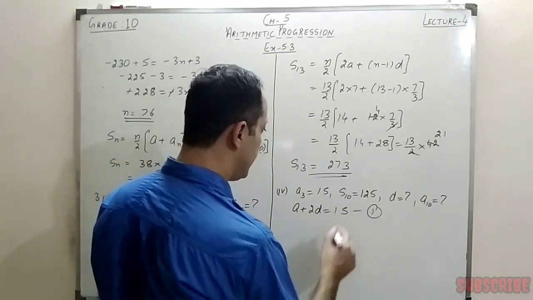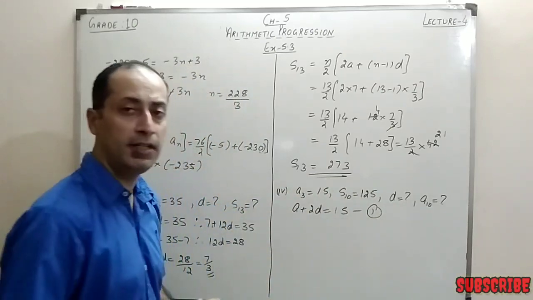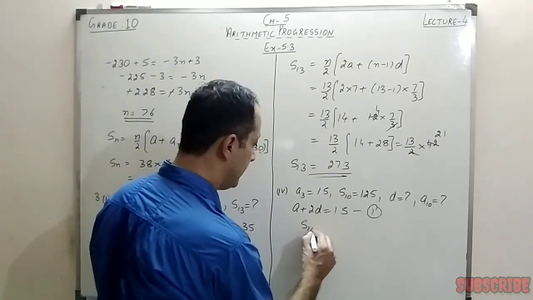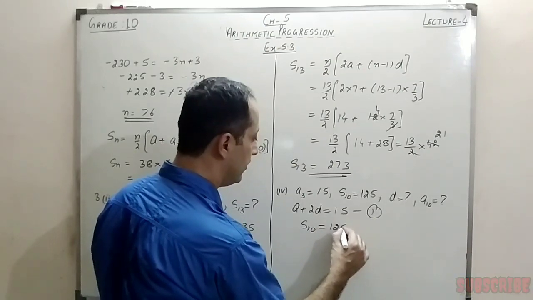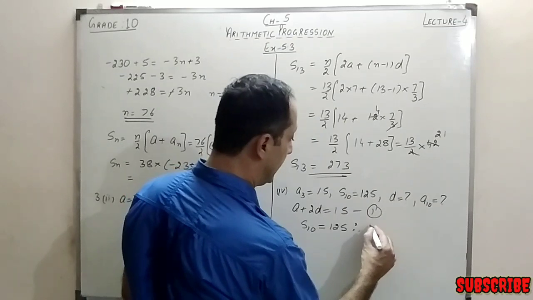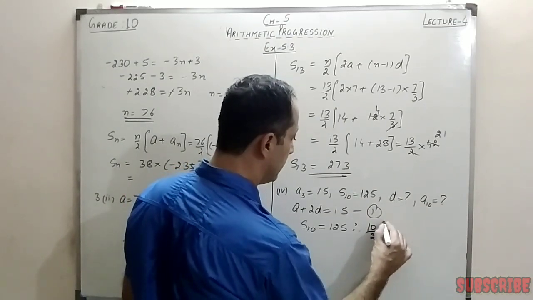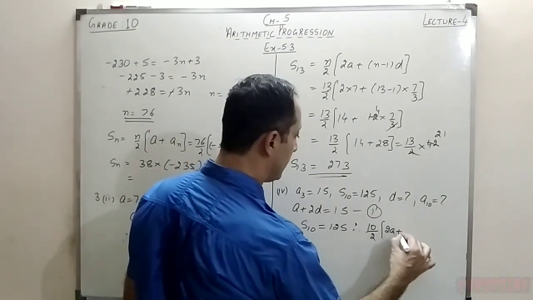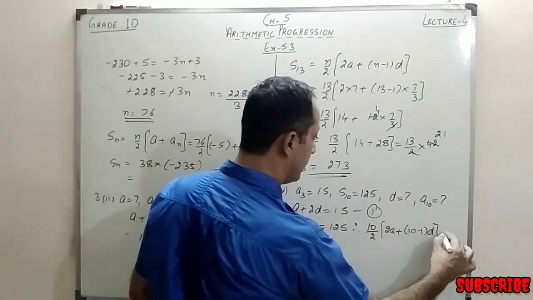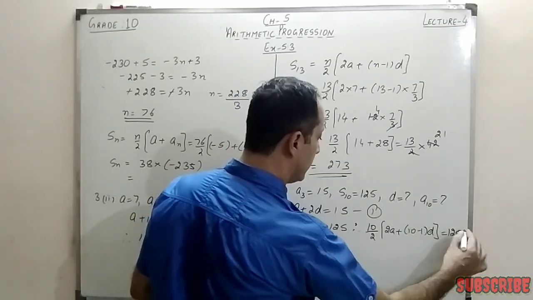Then what is the next thing? S10 is given as 125. Now the relation for S10 would be S10 is 125. So I can say that this is 10 by 2 into 2a plus 10 minus 1 into d equals to 125. So what I have used?